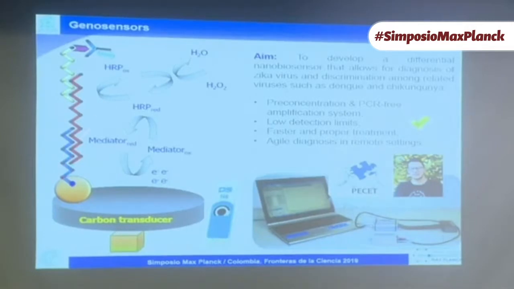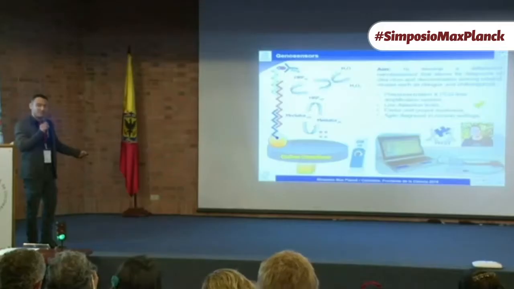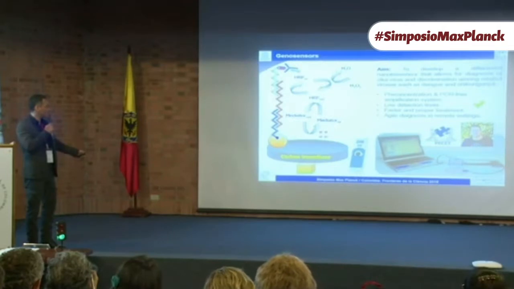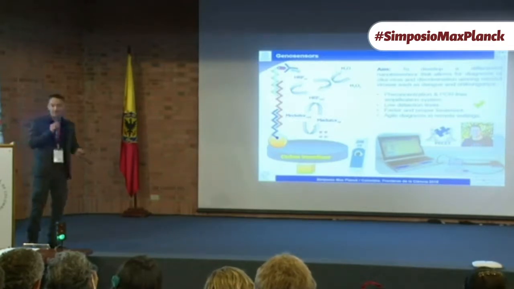This captor probe is specific for the target, the RNA from the Zika virus, and is sandwiched with a signal probe that is labeled with digoxigenin, and through the interaction with an antibody, anti-digoxigenin labeled with HRP, we can produce the electrochemical signal, and we can correlate the concentration of the target present in a sample.